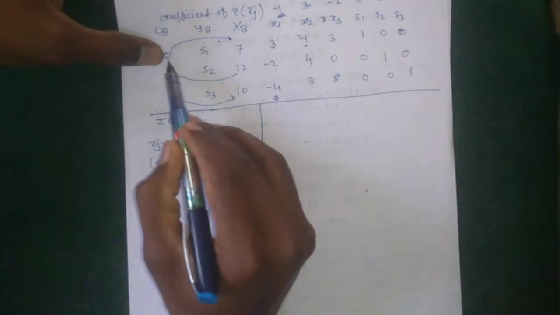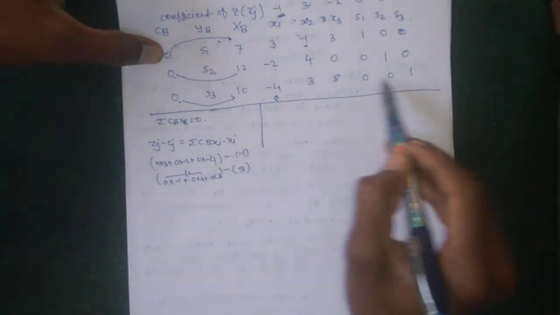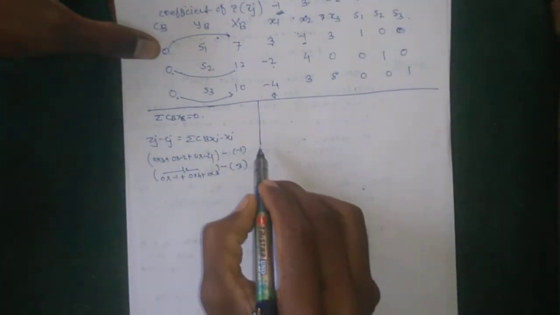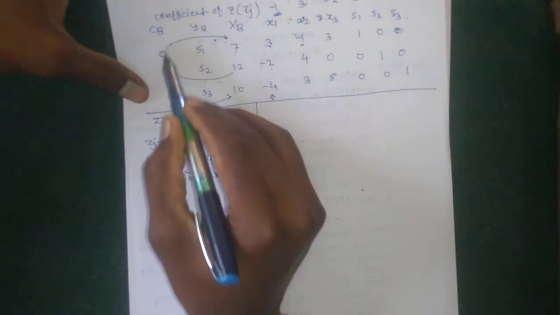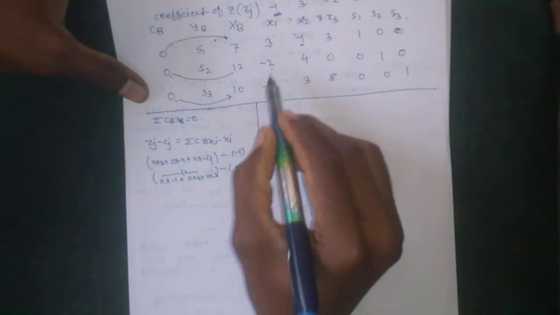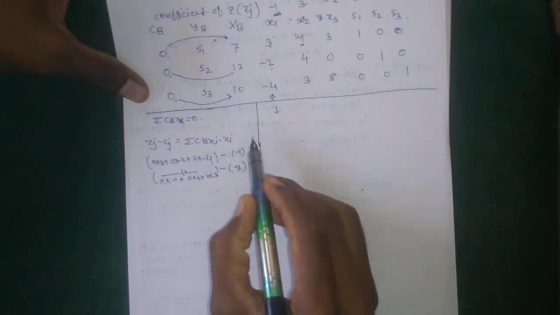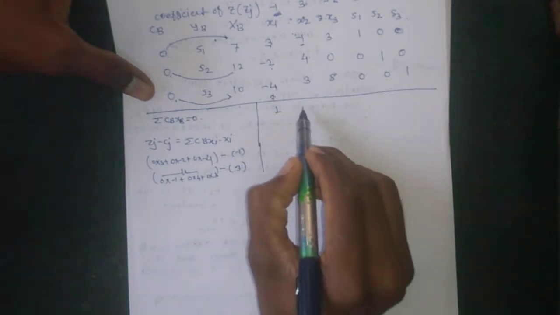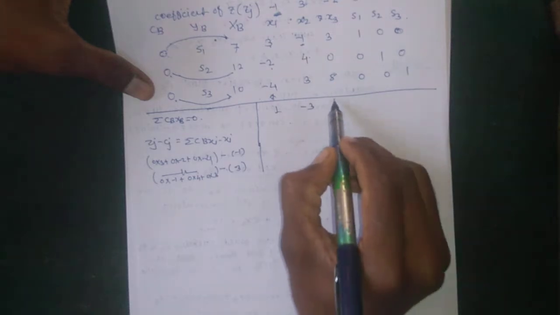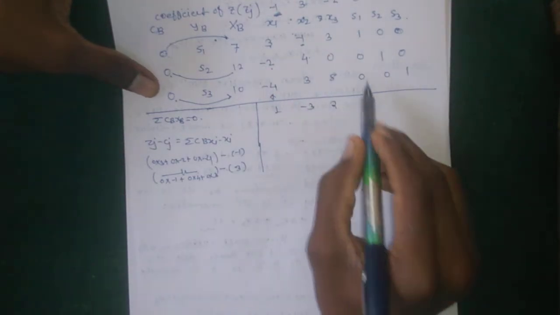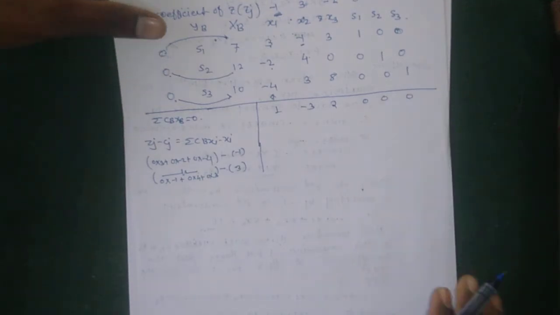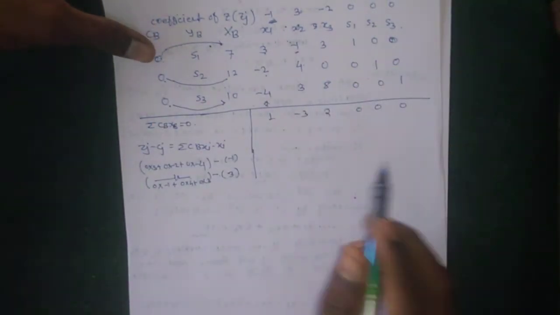Similarly for the third and fourth, all columns continue in this way. We get all terms 0. We get minus of minus 1, here 1, minus 3 here, and here minus of minus 2, their value is 2. And here all other values are 0, 0 minus 0 we get 0.